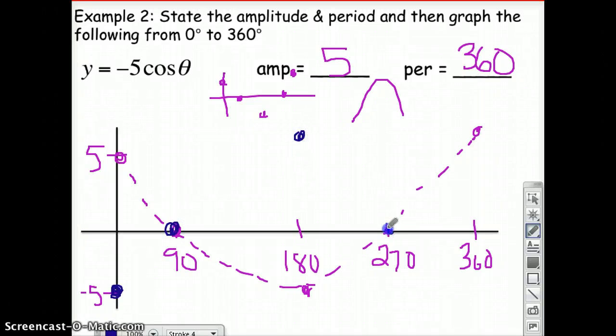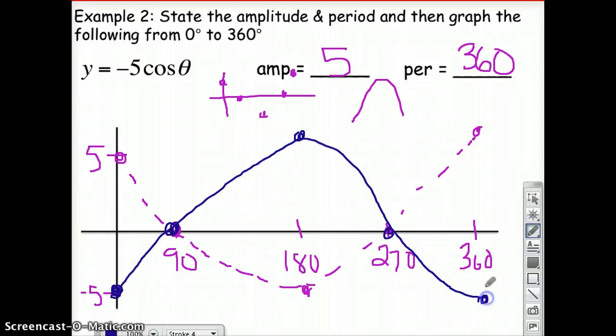Okay, so a flipped cosine graph really is just an upside down U. So that would be my graph in blue. If you were doing a flipped sine graph, you would just go down instead of up, and it would look like that. So that would be like a flipped sine graph. So keep that in mind.